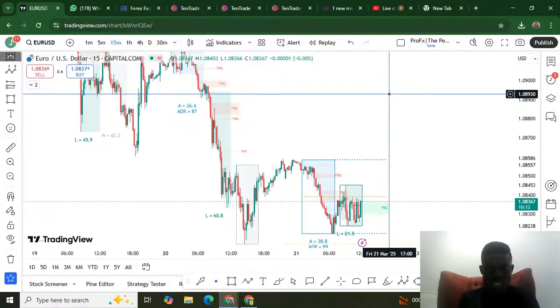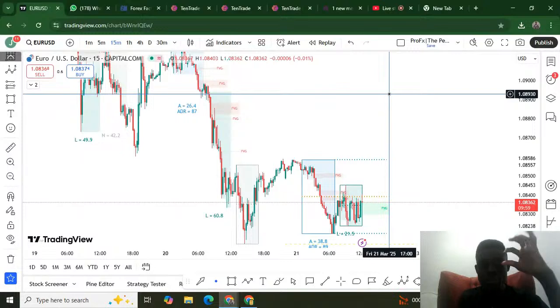I'll be discussing, one, how to identify the previous day high and close, and the previous day low and close correctly. If the candlestick closes bullish, we mark the previous day high and close.